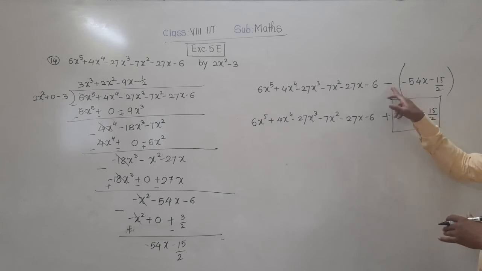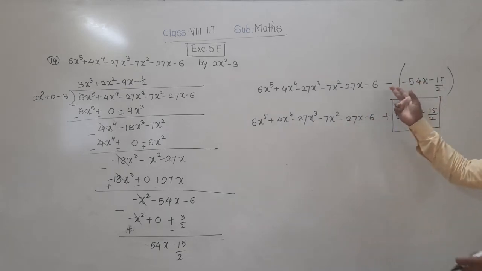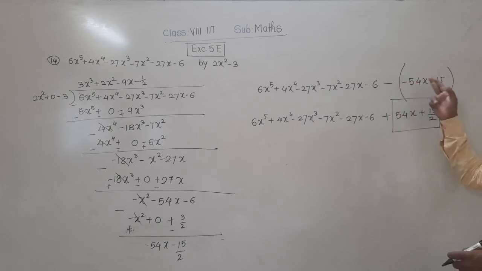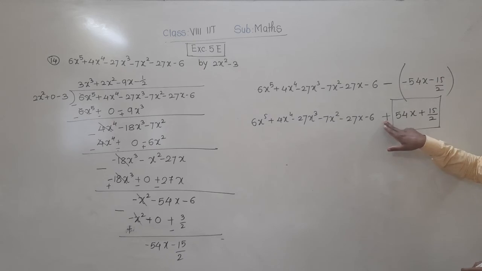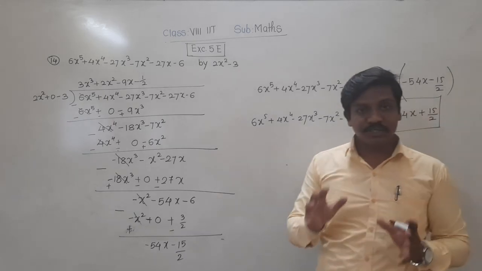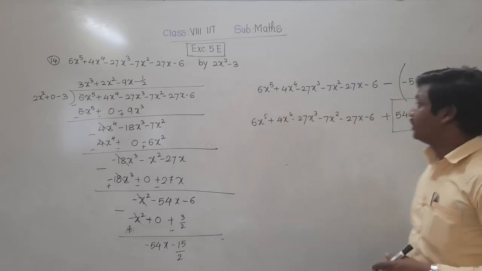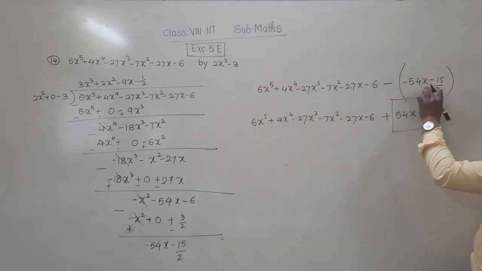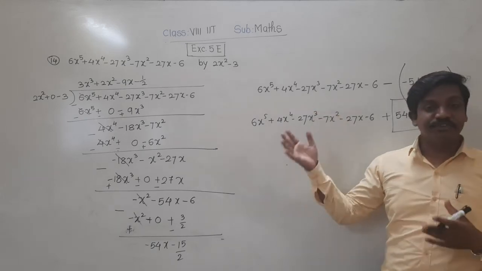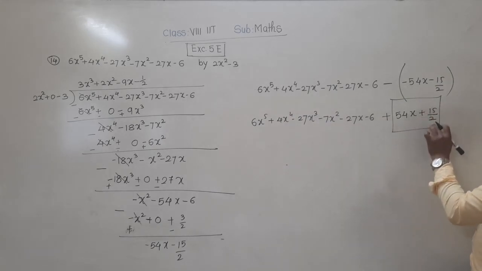Why add? Because we actually subtract, but due to the minus sign inside the bracket, it becomes automatically plus. If the question asks which number should be subtracted to make it divisible, then your answer will be minus 54x minus 15 by 2. But since they have asked which number should be added, it is 54x plus 15 by 2.